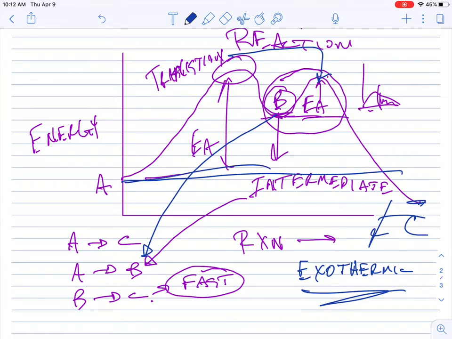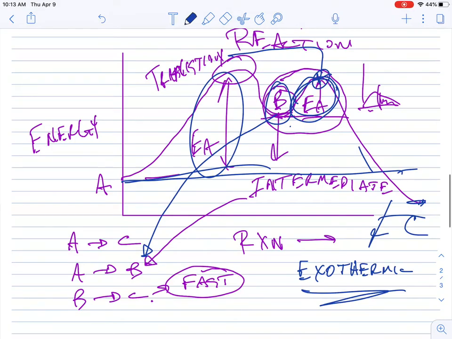I've got a slow step because I've got a big activation energy. I'm going to form B, my intermediate. I'm going to have another transition state, and then I'm going to end up with C, with an overall exothermic reaction. Here's the other thing to look at: when you lower the activation energy, assuming your temperature stays constant, the reaction is going to take place faster.